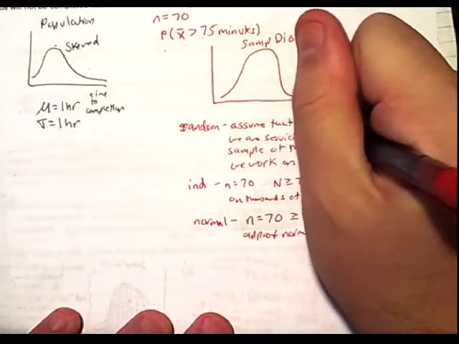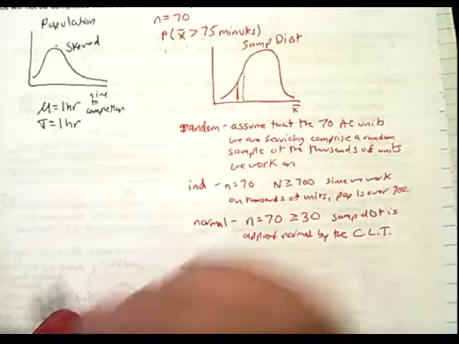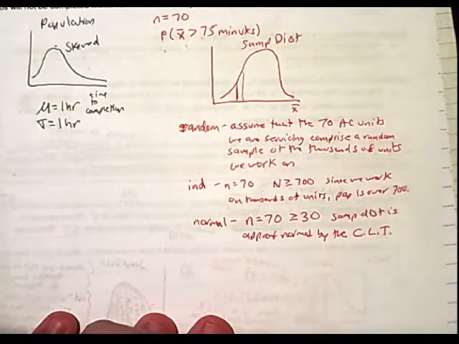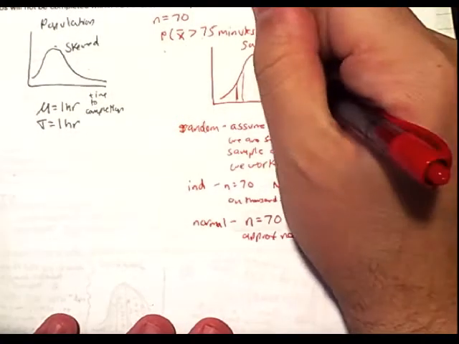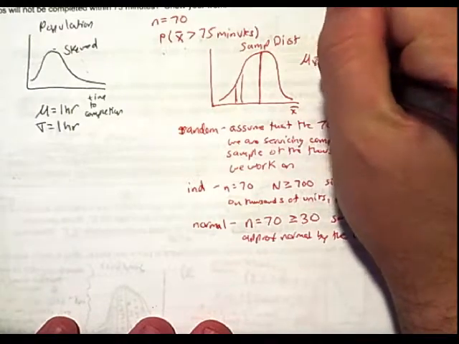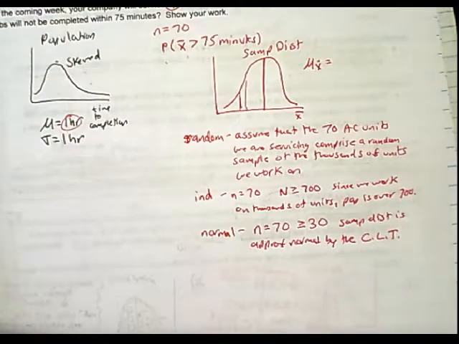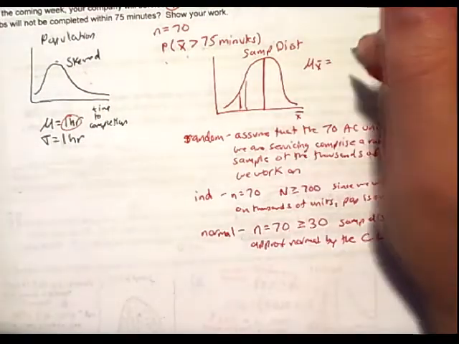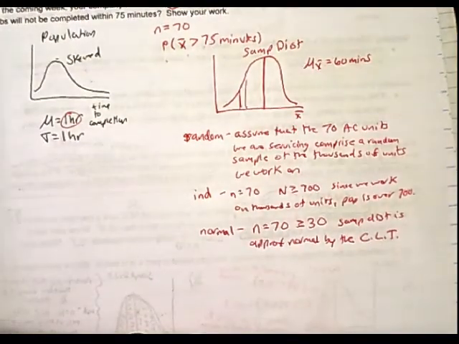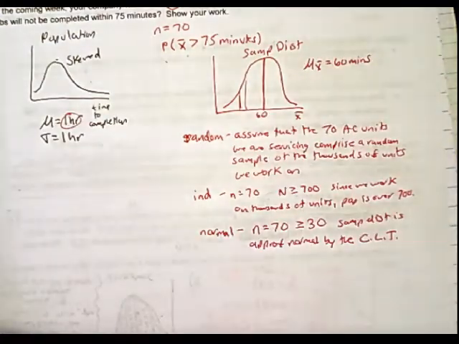Okay. So remember, the heights of these are all from different x bars instead of just x's. So what do you know about the mean here? The mean of the x bars is the same as this. But instead of writing it in hours, 1 hour is the same thing as 60 minutes. So I'm going to think in terms of minutes instead of hours.